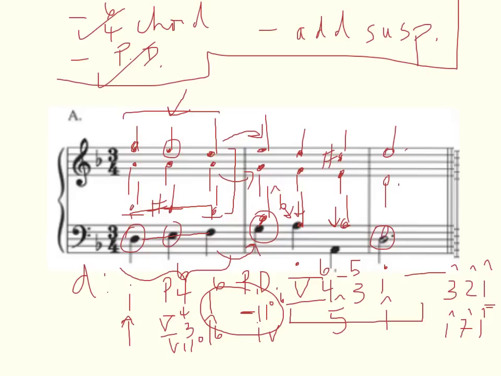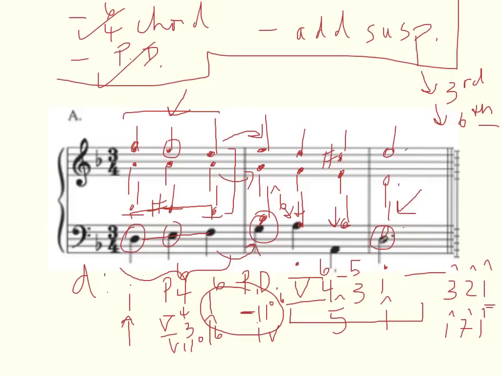And there's a solution. What if I want a suspension? Well, I'm going to look for stepwise movement down to a 3rd above the bass, or stepwise movement down to the 6th above the bass. Suspensions can go anywhere in a phrase, but here I happen to see a great opportunity.